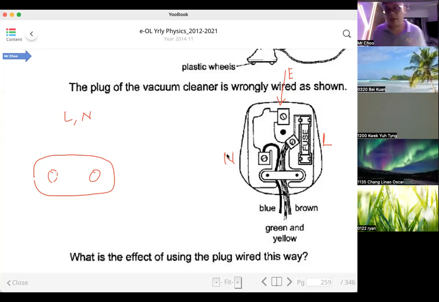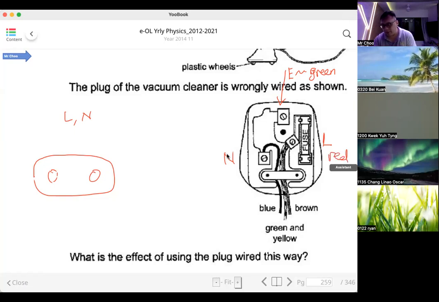Then how to remember the colors? Earth itself has a lot of trees, correct? So just remember earth as a green color. And then the live wire is the most dangerous among the 3. So the most dangerous color is actually red.